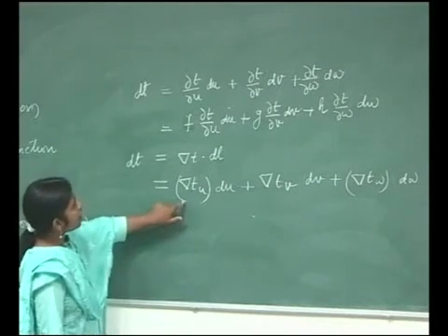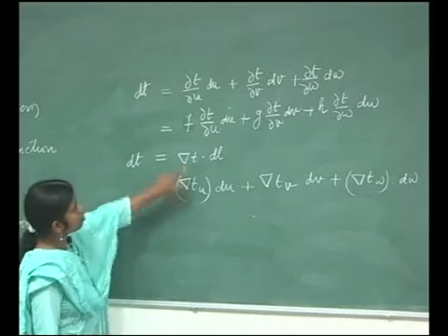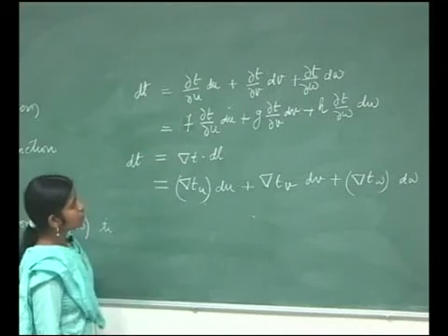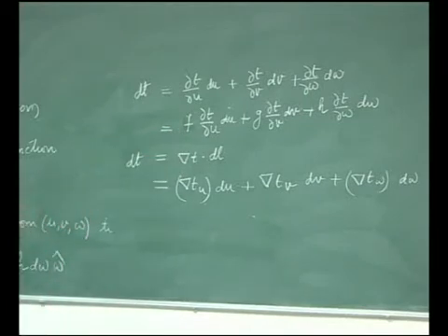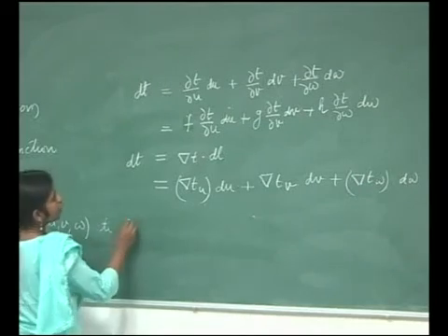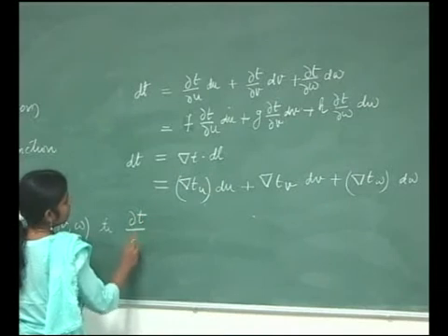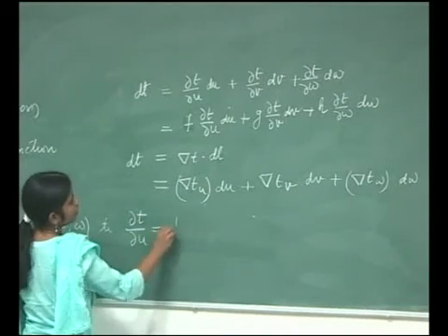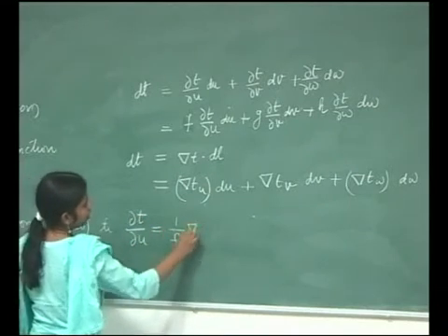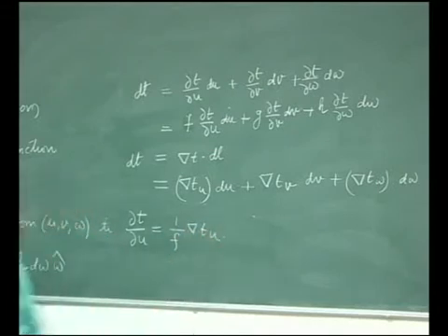Now if I compare this equation here, okay, so what do I get? I get del t by del u is equal to 1 upon f del t u. Is this okay?